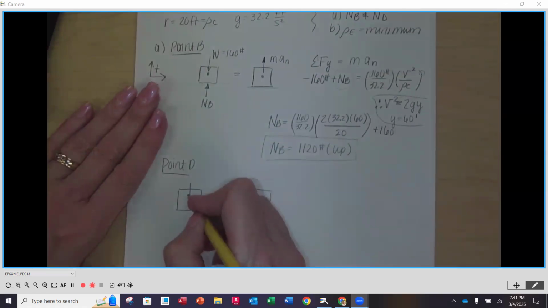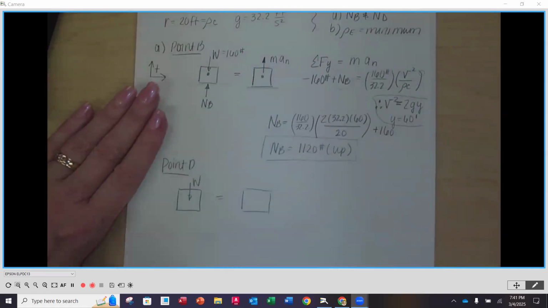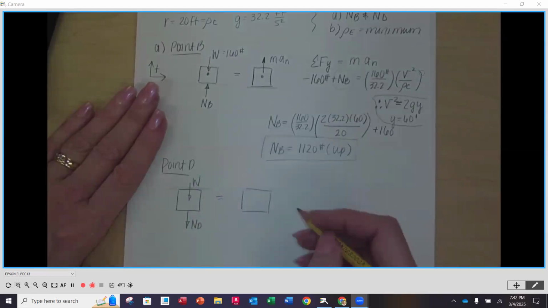You know that the weight is still going to go down, but this time our support is on the top here. So that means that our normal force at D is also going down. And again, it's just because of the orientation of where those wheels are. We're upside down now, or the people in the cart are upside down.